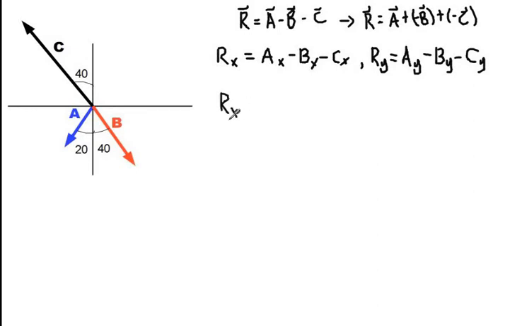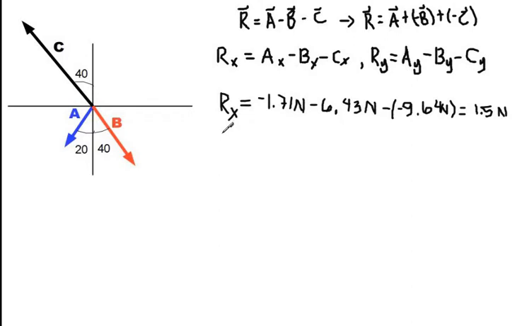Rx is equal to, substitute lang values sa atong Ax, ganina, negative 1.71 Newton minus 6.43 Newton minus the negative of 9.64 Newton. Ang final answer ani is positive 1.5 Newton.